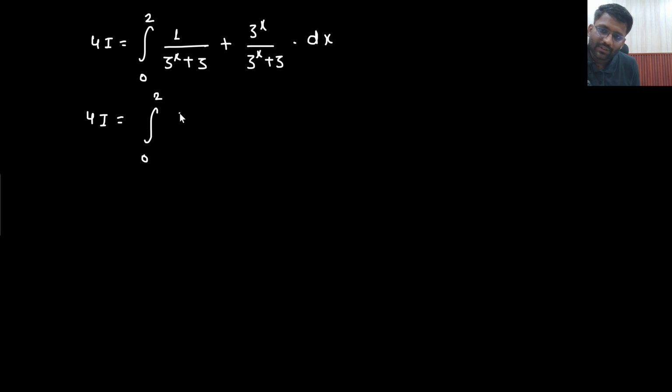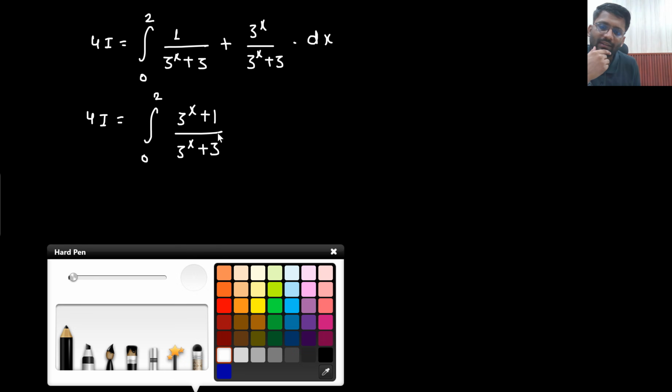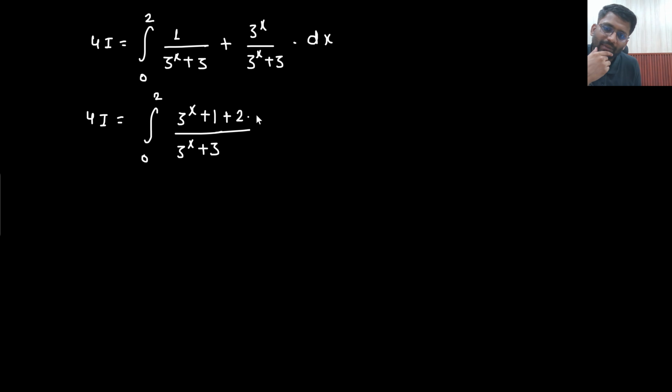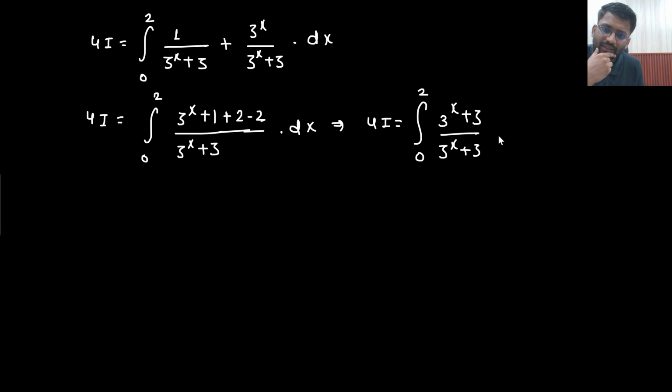Integral from 0 to 2 of 3 to the power x plus 1 upon 3 to the power x plus 3 dx, right? So here I can do one thing: plus 2 and minus 2, no? Why am I doing so? Because from here I am getting 4I equals integral from 0 to 2 of 3 to the power x plus 3 divided by 3 to the power x plus 3, minus 2 upon 3 to the power x plus 3 dx.